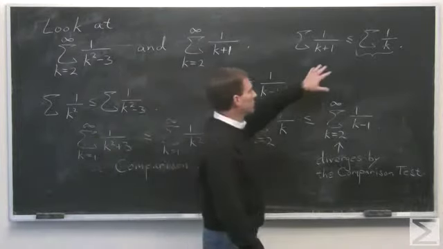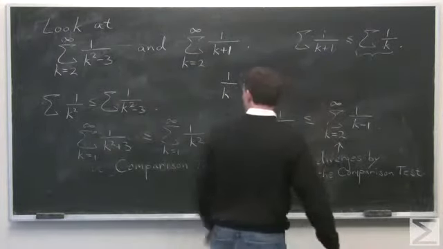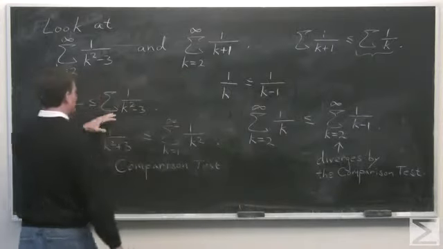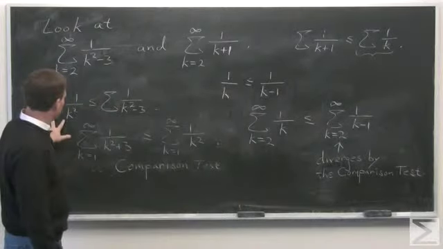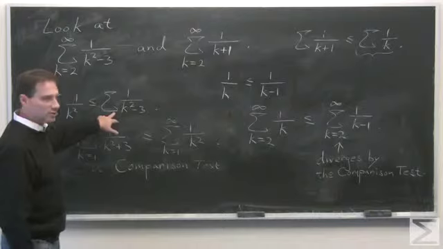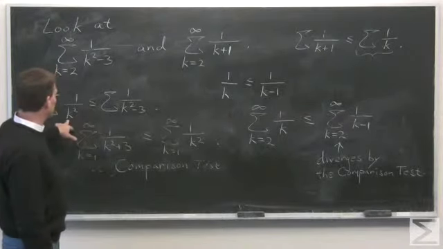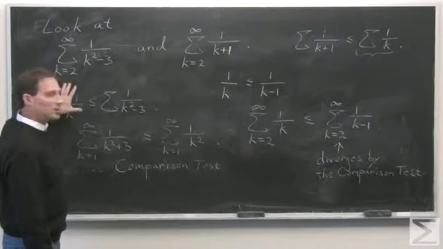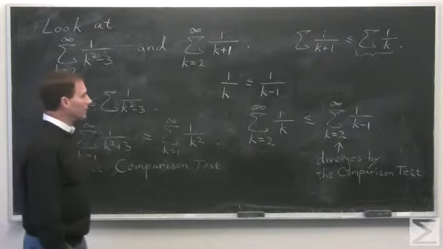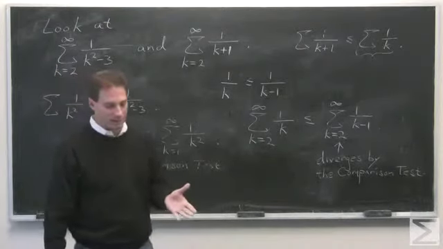But being less than or equal to infinity tells you nothing. Being greater than or equal to something finite doesn't tell you whether this converges or not. It does tell you that if it converges, it converges to something greater than or equal to this sum, but that's about it. All right, that's the comparison test.